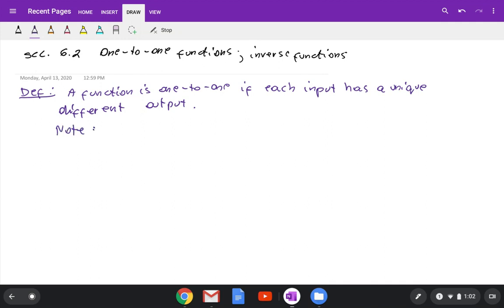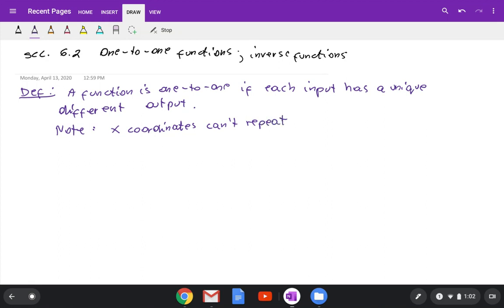First of all, for an equation, graph, or relationship to be a function, you guys know already that x coordinates can't repeat.